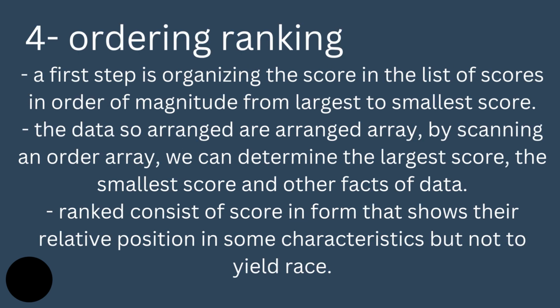The ordering ranking is a first step in organizing the scores in a list in order of magnitude from largest to smallest score. Here is the organization of the scores in rank. These ranks are large or small. So the arrangement first occurs, that is, we arrange the data in an array, and then we find which is the smallest score and which is the largest score.